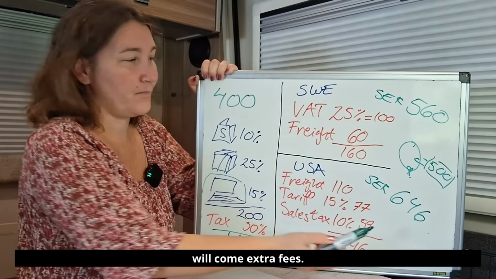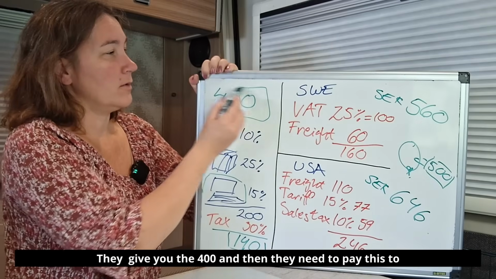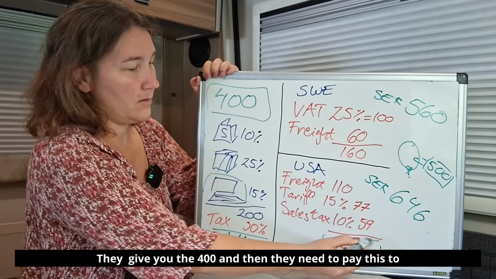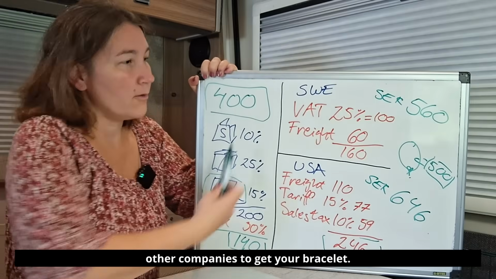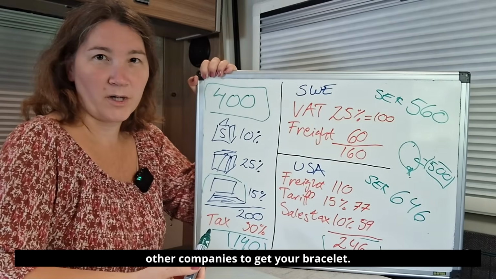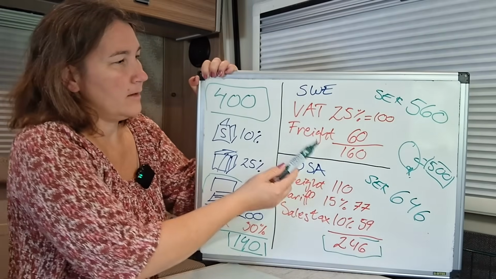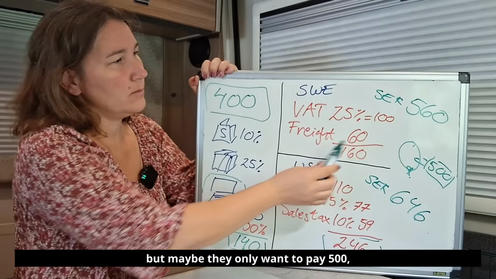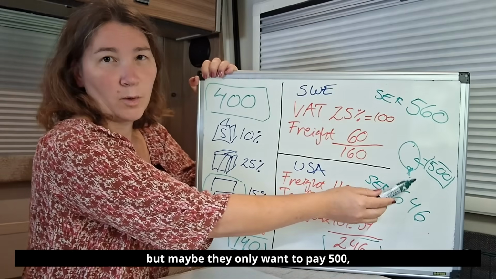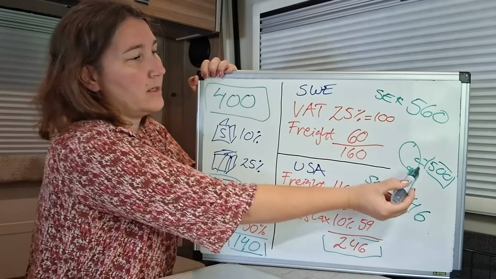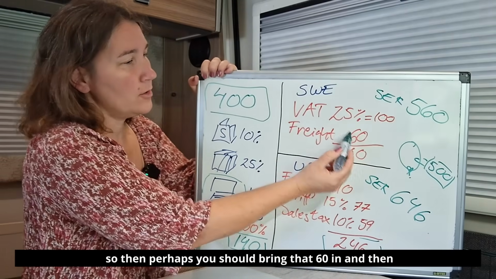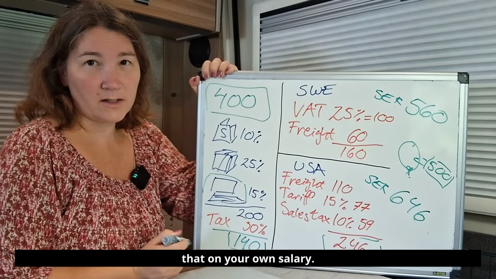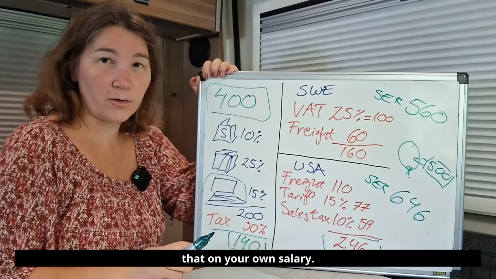So they give you the 400 and then they need to pay this to other companies for them to get your bracelet. In Sweden, we are quite close, but maybe they only want to pay 500, so that is like the top. So then perhaps you should bring that 60 in, and then of course you need to lower that on your own salary.